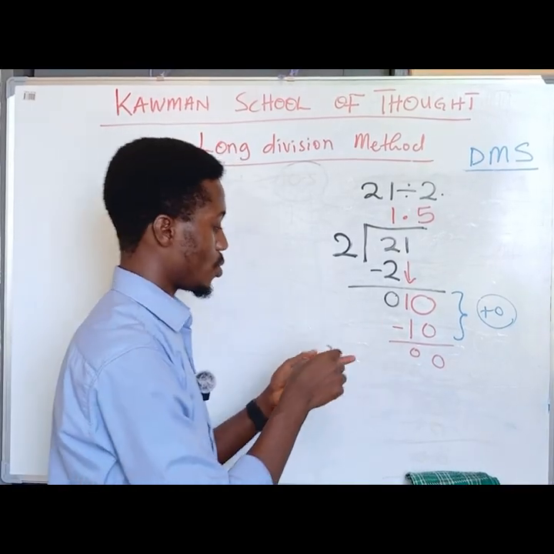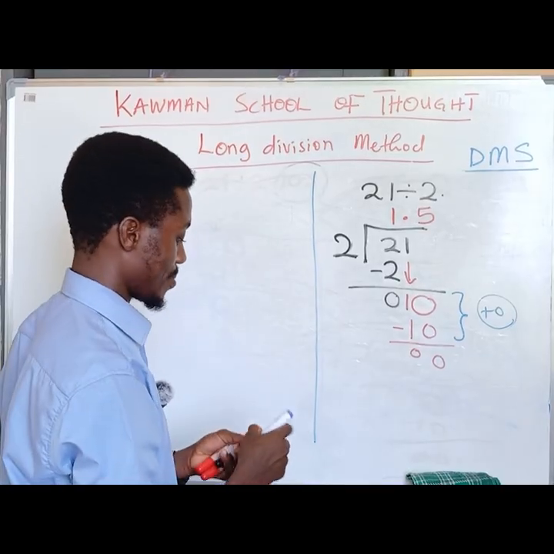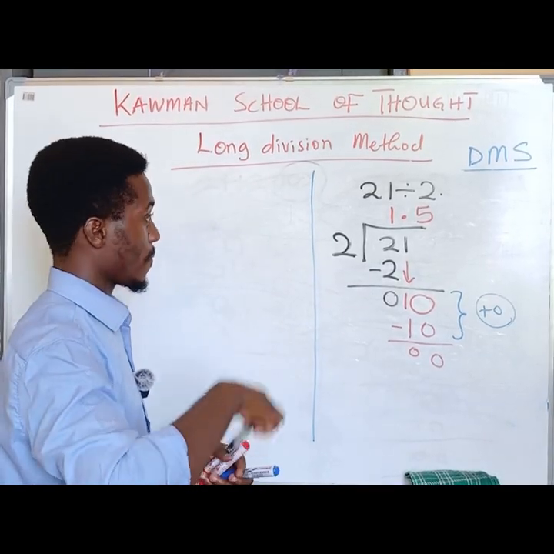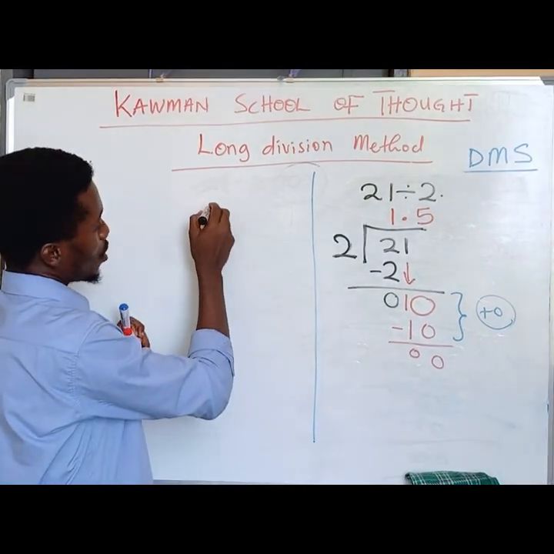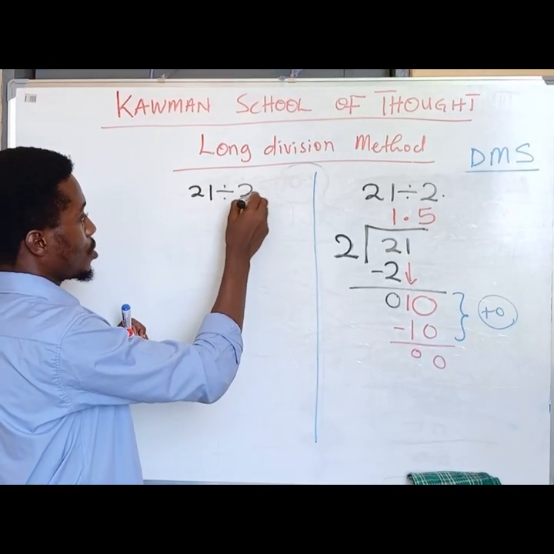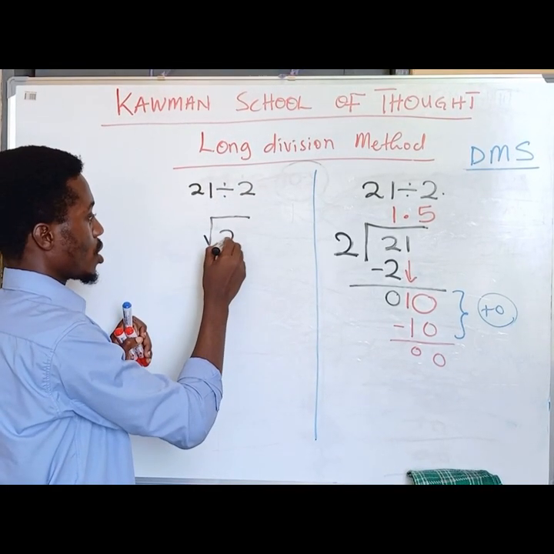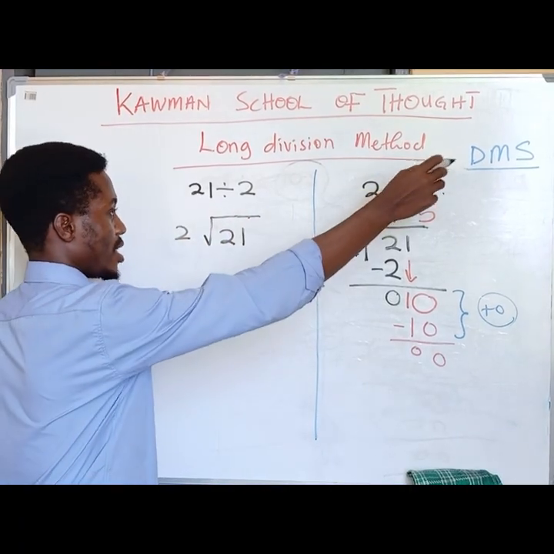So the same example, this is the correct way to solve it. We have 21 divided by 2, still the same process. So 21 goes in and 2 comes out. Then we go by our DMS.